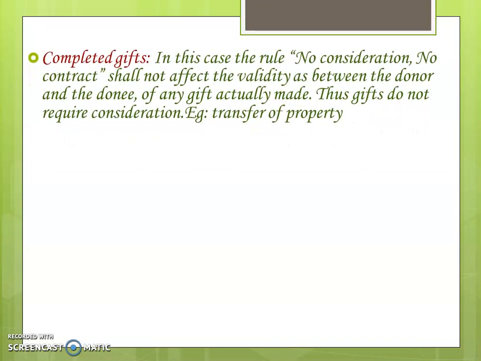The fourth one is actually completed gift. In this case, the rule no consideration, no contract shall not affect the validity as between the donor and the donee of any gift actually made. Thus, a gift does not require consideration.